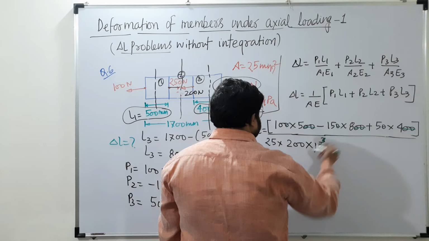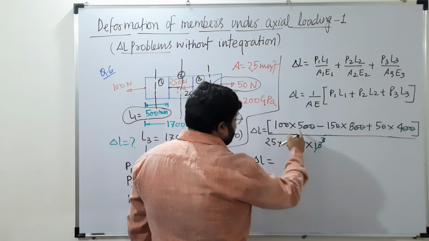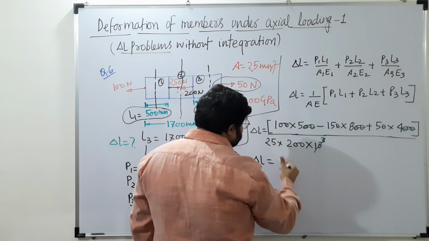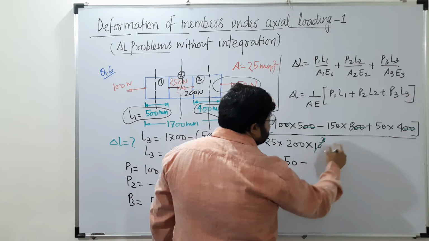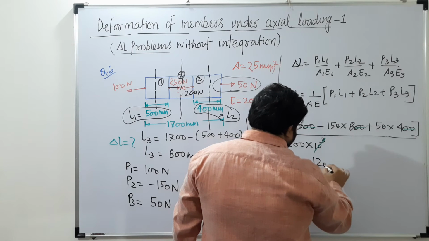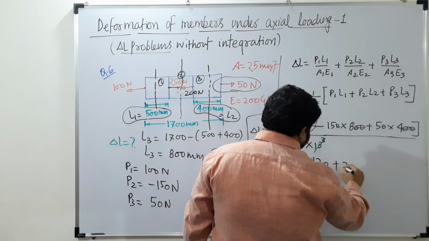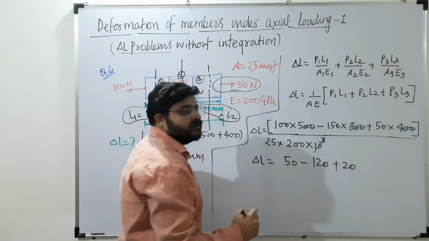Next, delta L will be equal to, now how much are we left with here? 5 into 10, that is 50, minus this is 8 and this is 15, so that is 120, and here 4 into 5, that is again 20, right?